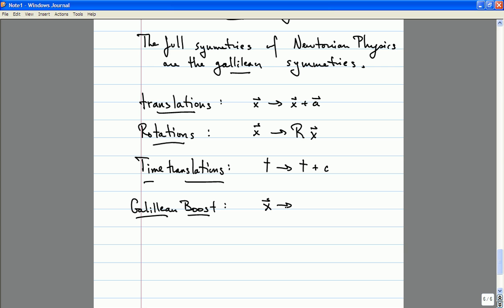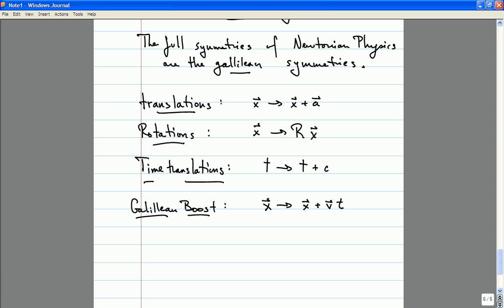Okay. So what do you do in a Galilean boost? Well, you take the x-coordinate and you add to it a vector v times the time coordinate. Okay. So what is that? Physically, that says that you take one frame of reference and then you go to another frame of reference that is moving with some constant velocity vector v with respect to your first frame of reference. And the equations of Newton's laws will be invariant under that change.